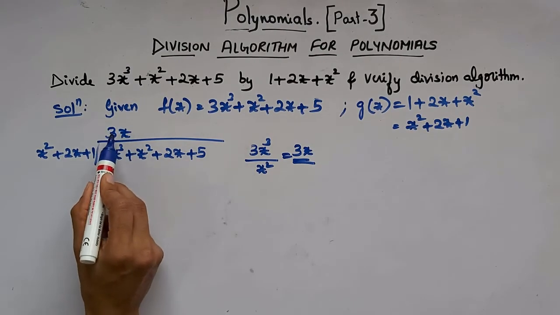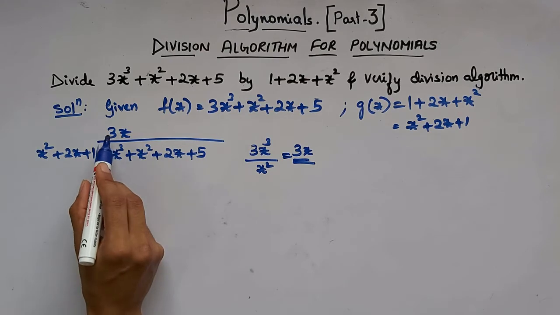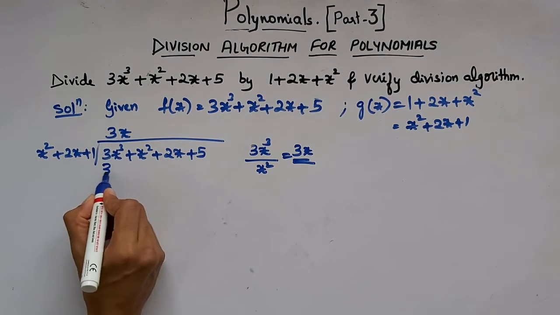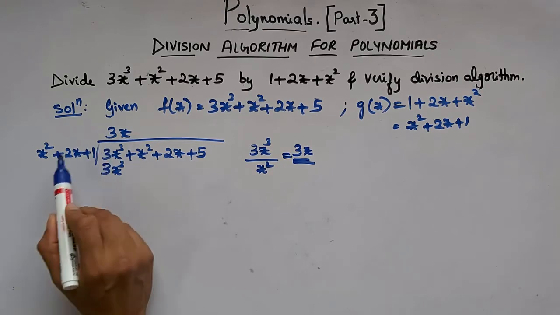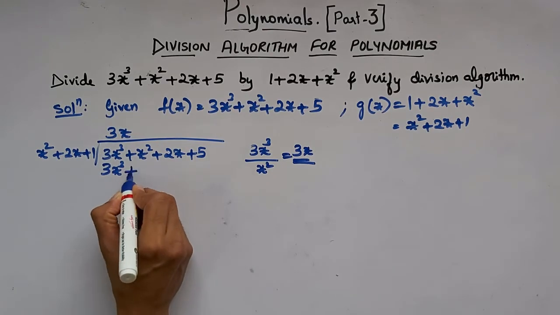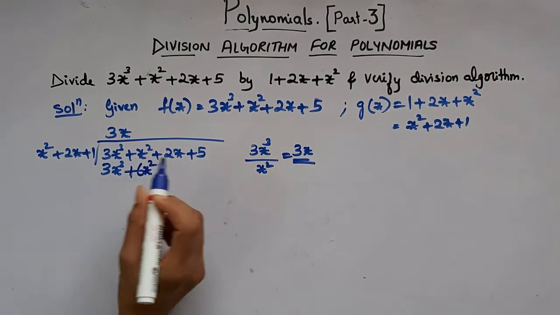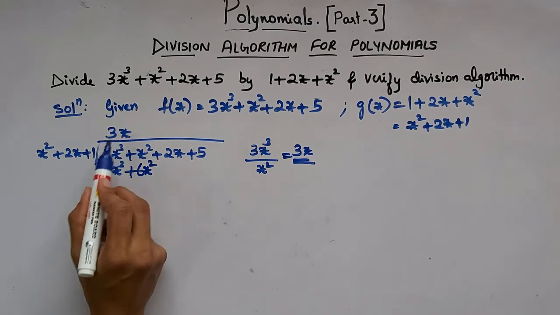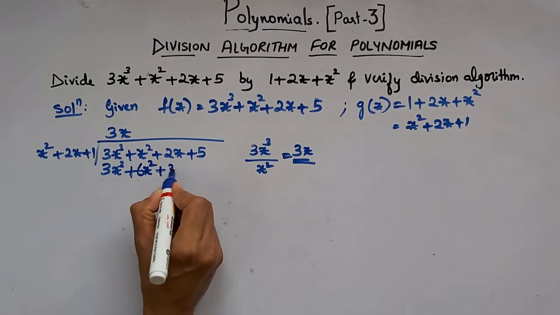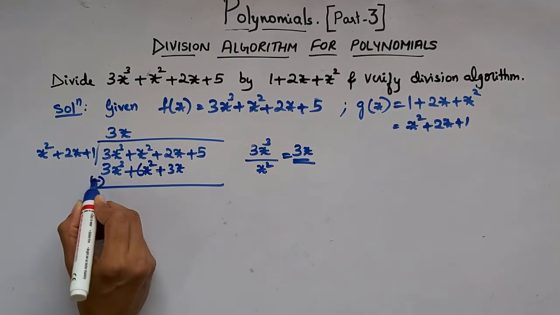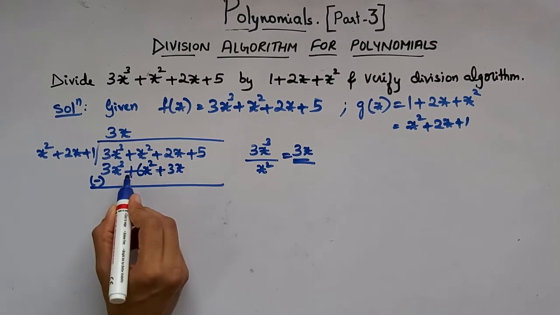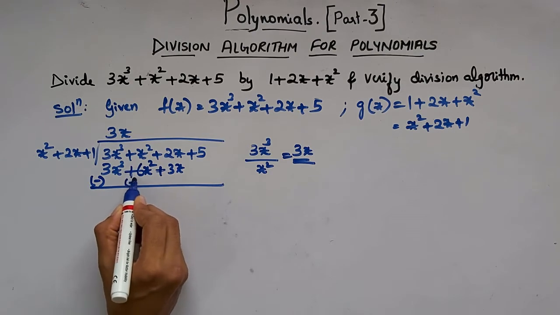Now multiply this 3x to the divisor. You will get 3x into x square is 3x cube. Now 3x into 2x, 3 2s are 6, 6x square. Plus 3x into 1, that is 3x. Now change the sign. When you have plus, make it minus.